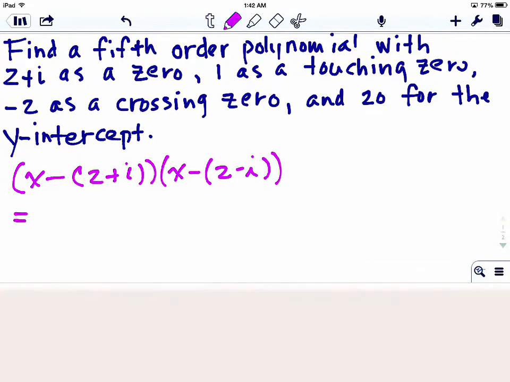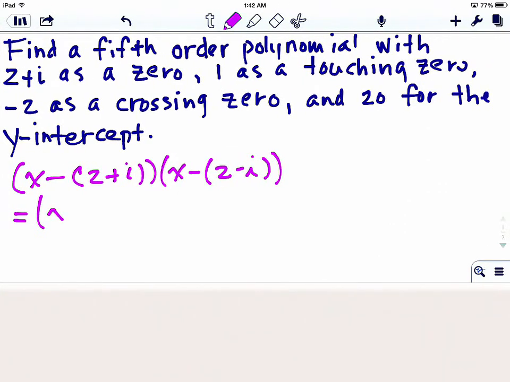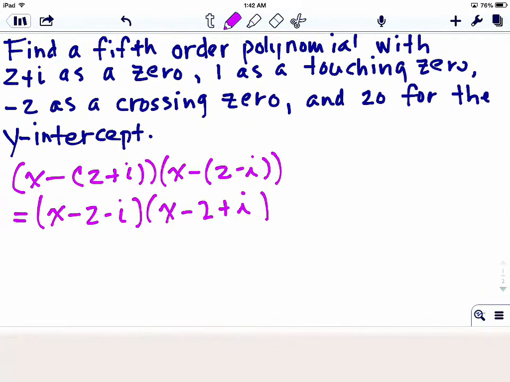Now to do this, you could distribute the minus sign and do a bunch of distribution, or there's a clever little trick that I will use here. What I'm going to do is group the x minus 2 together.